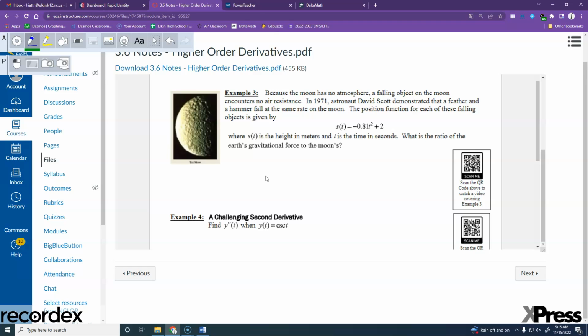What is the ratio of Earth's gravitational force to the moon's there? Is this feet? No, this is meters and seconds.